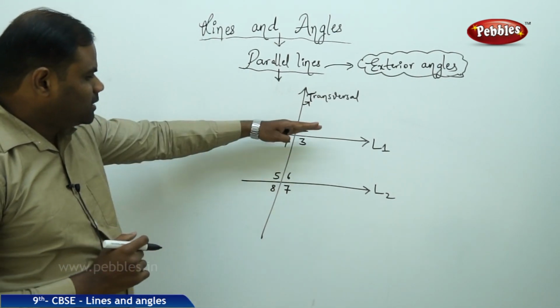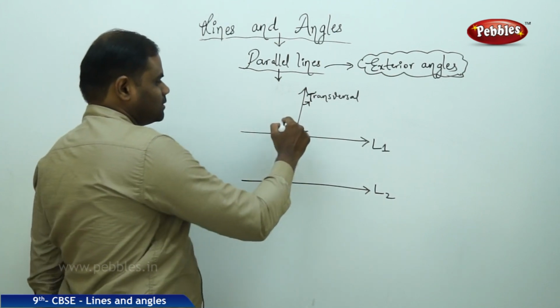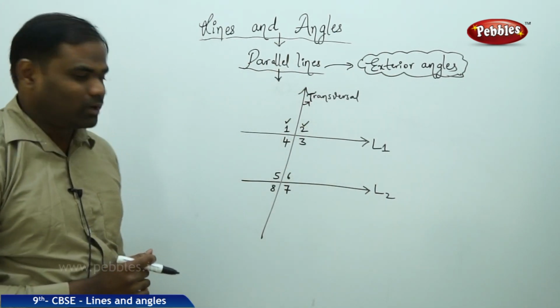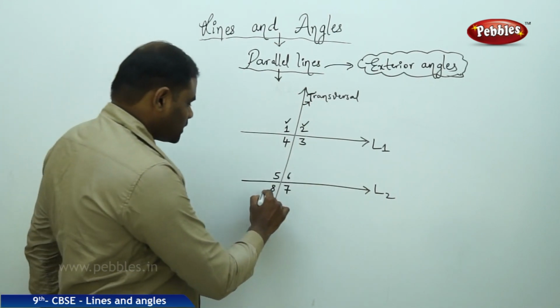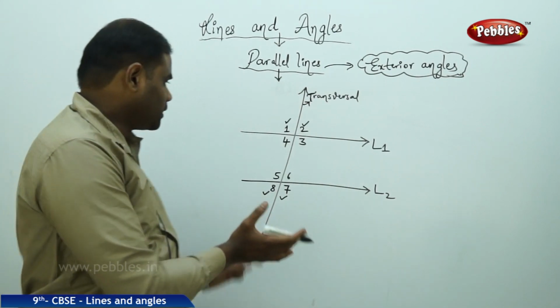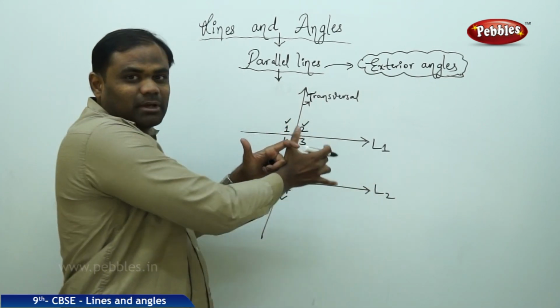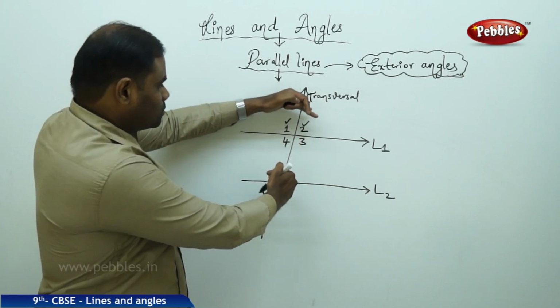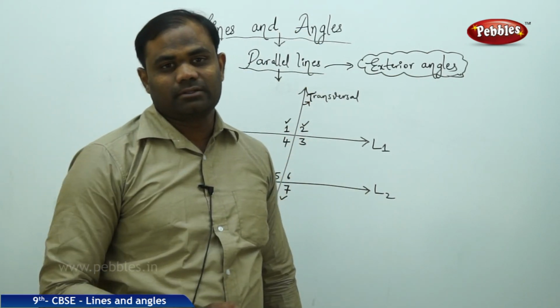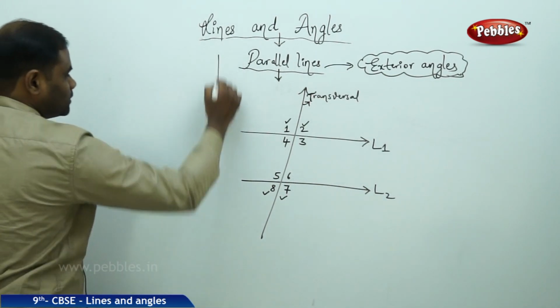Now clearly when we see this, angle 1, angle 2 are the exterior of line L1, and angle 8 and angle 7 are in the exterior region of the line L2, wherein this is in the interior region of the parallel lines. So these two and these two being in the exterior region are called the exterior angles.